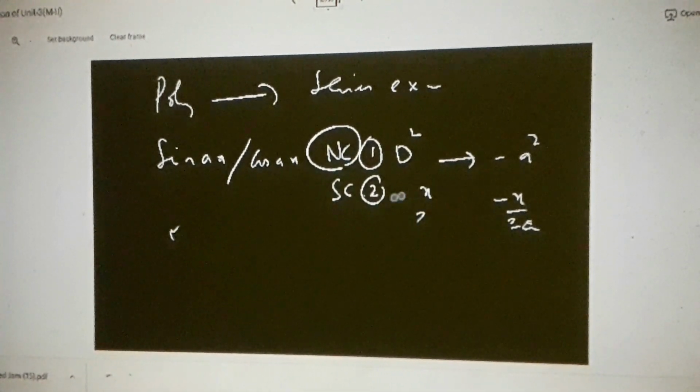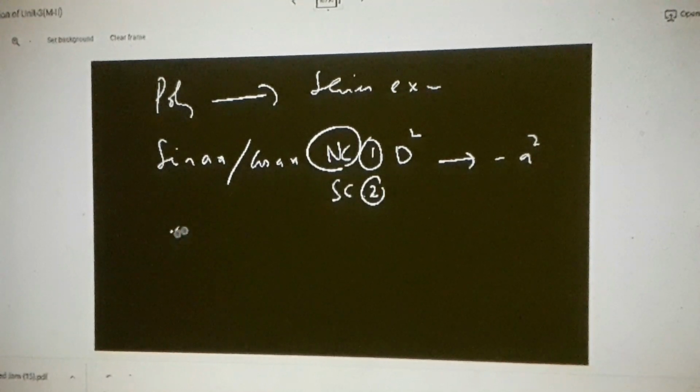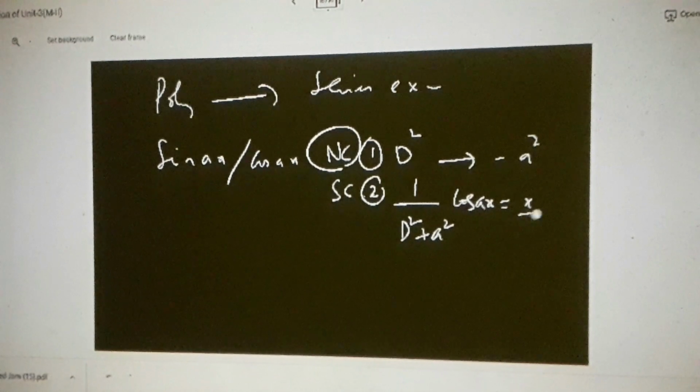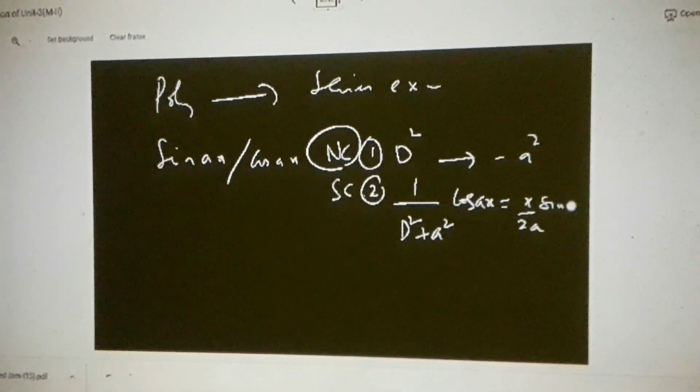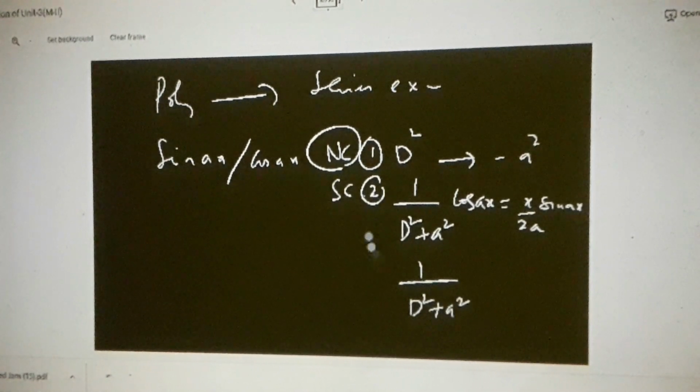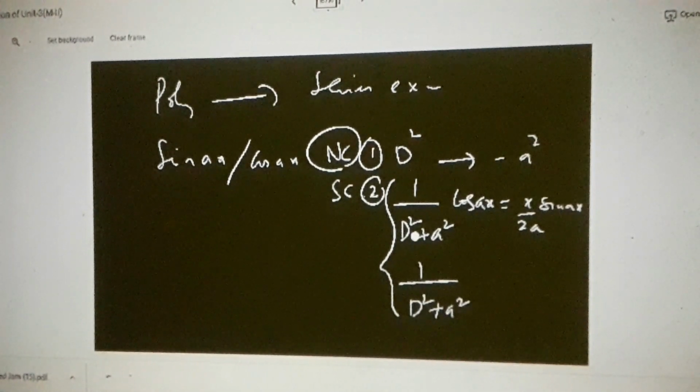In the special case, one of two situations arises, where you have to use this formula: 1 by d square plus a square cos ax is x by 2a sin ax, and 1 by d square plus a square sin ax is minus x by 2a cos ax. These two come under the special case. Actually, if you substitute minus a square here, you will get 0 in the denominator. Then this value is directly replaced with this one.